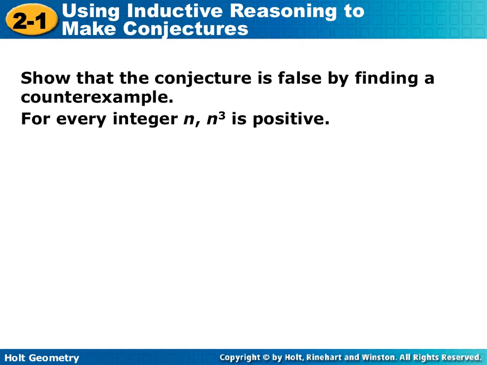All right, show that the conjecture is false by finding a counterexample. So this is what someone thinks, that for every integer, if I call it n, n cubed is going to be positive. What are integers? A number. What kind of number? Integers.